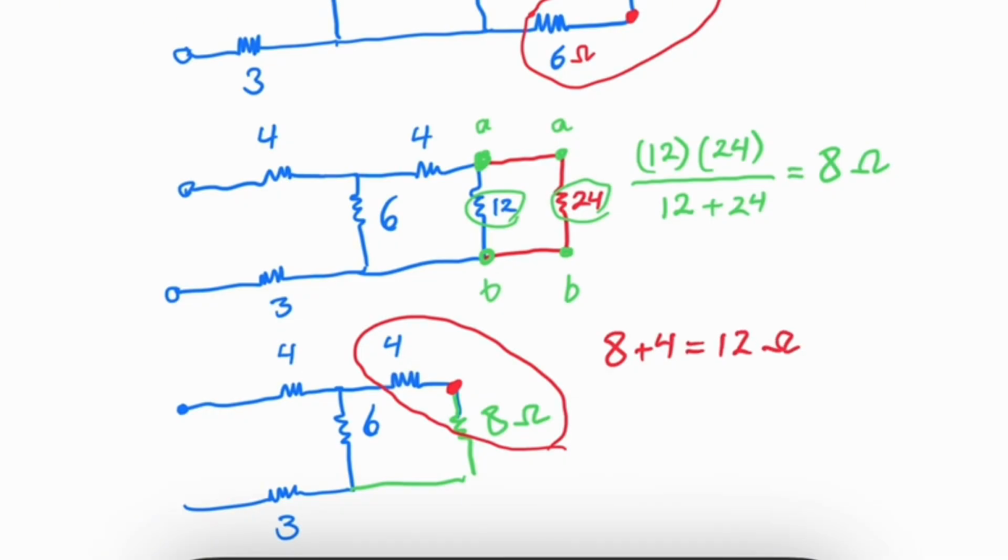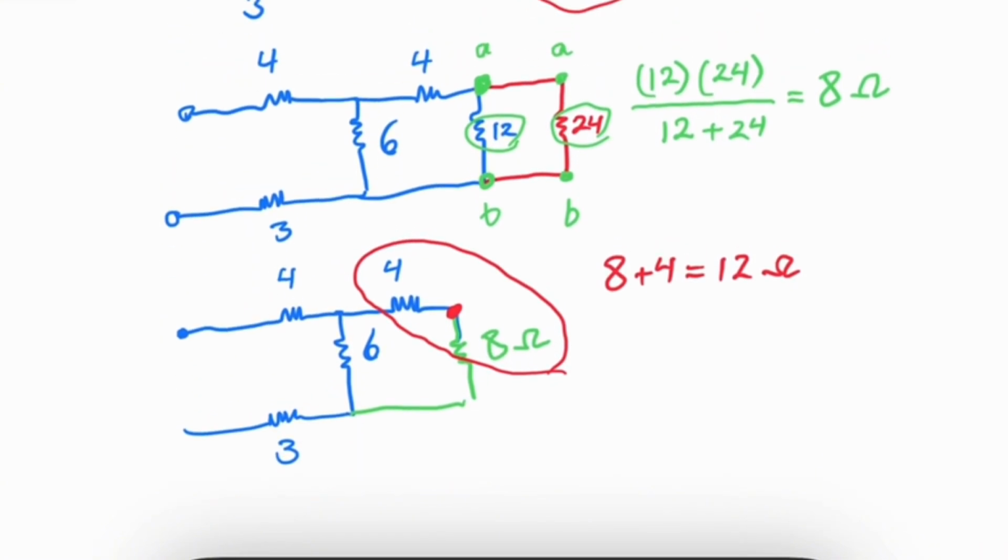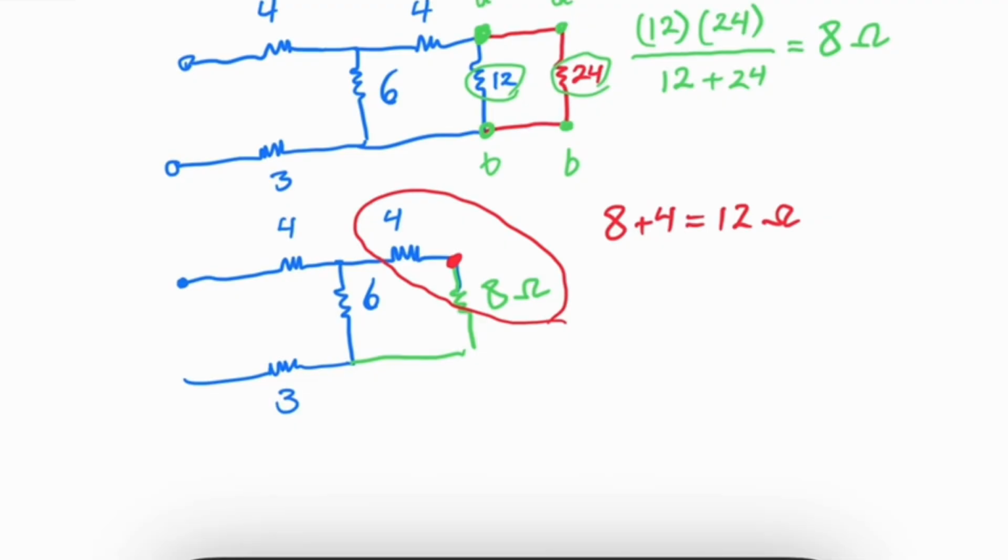And later on we will see that for this circuit we're going to have 4, 6 and 3 ohm, which is parallel to 12 ohm.